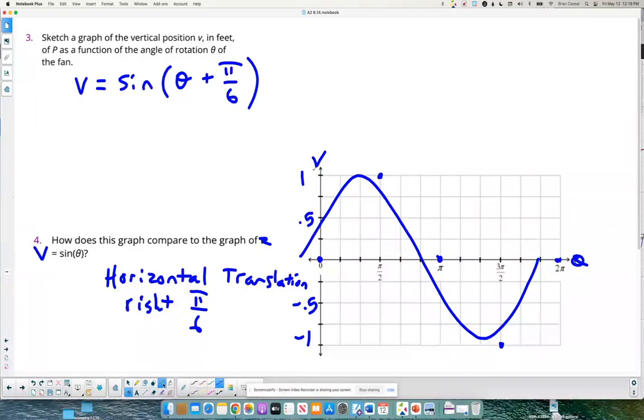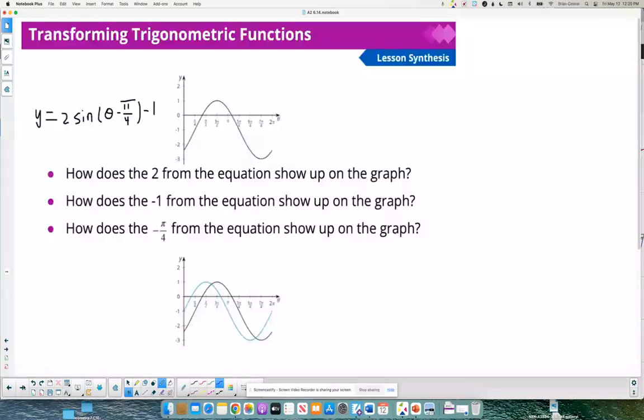Now my graph is a little off here. You can kind of see. Should be dipping down there. So there it is. All right, so here's my function.